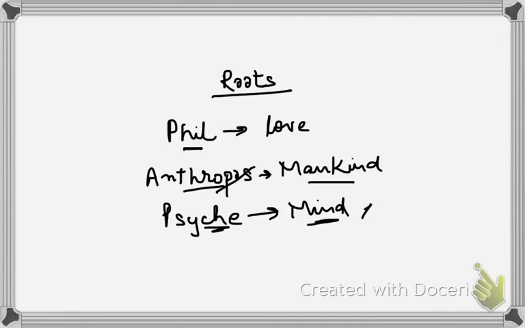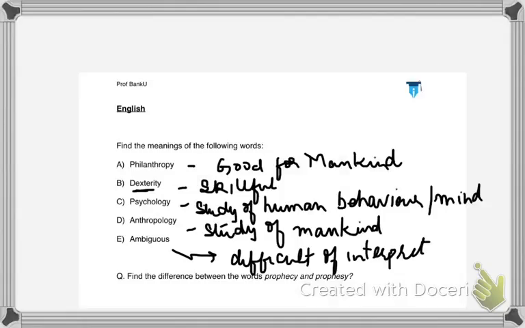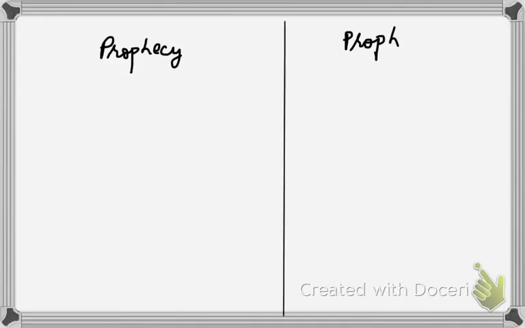Okay, so now we come to the two words that we discussed, that is the difference between prophecy, the one with C, and prophesy, the one with an S. Prophecy in itself is a noun, and prophesy is a verb.